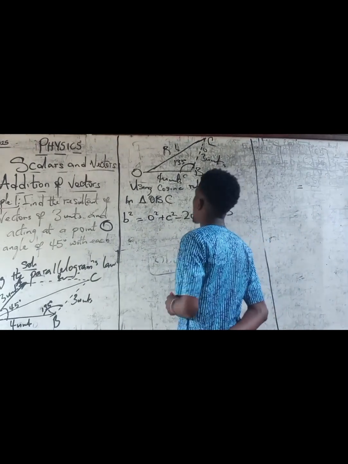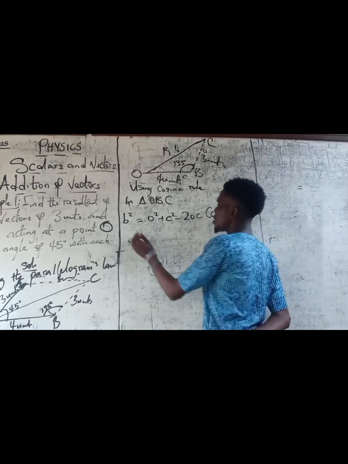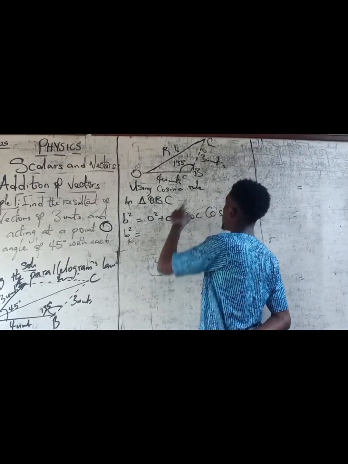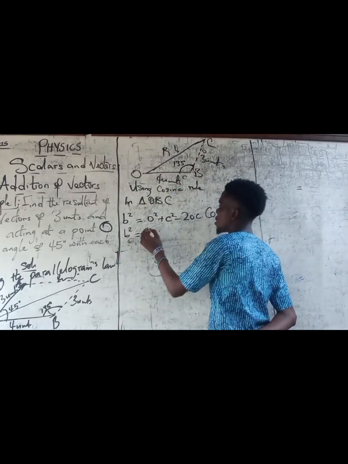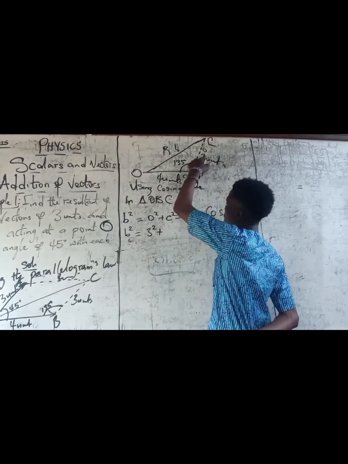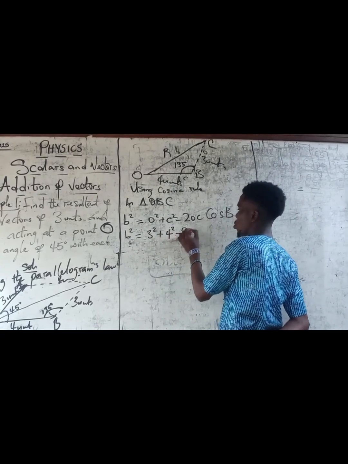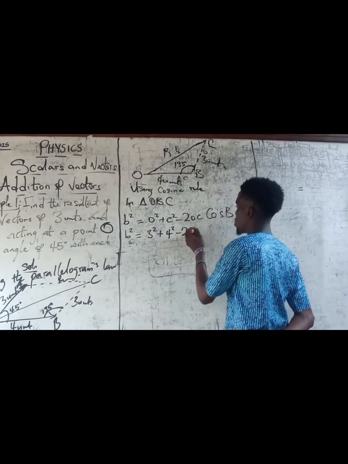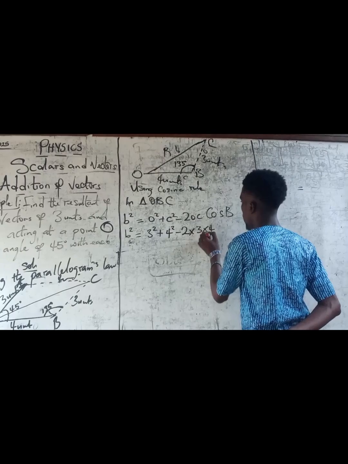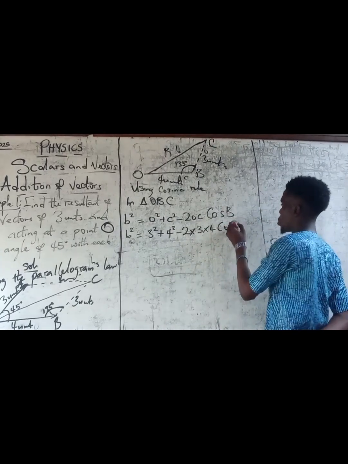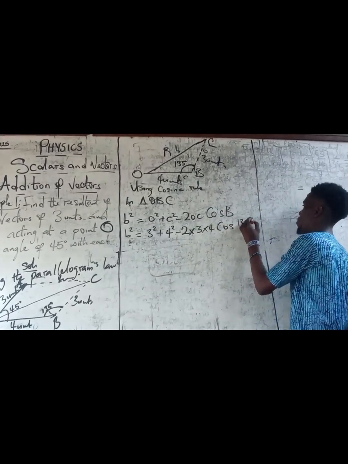Now, B squared equals O, which is the length, 3 squared, and then C, which is the length of this, 4 squared, minus 2 times O, which is 3, times C, which is 4, times cos B, which is 135 degrees.